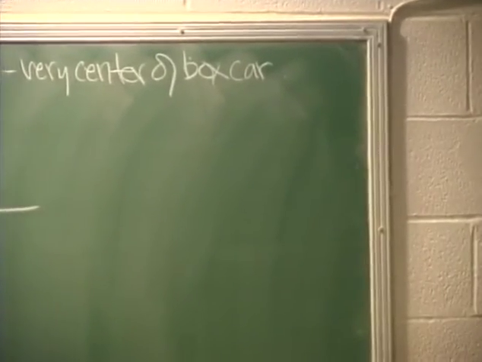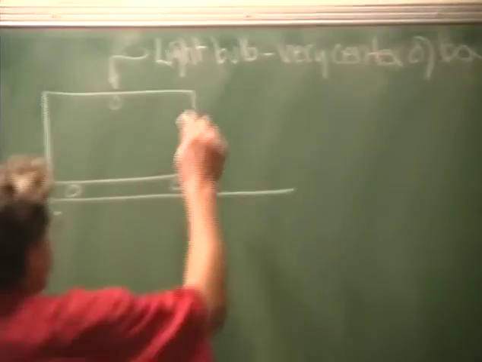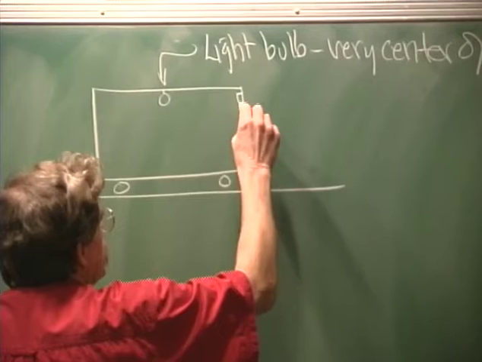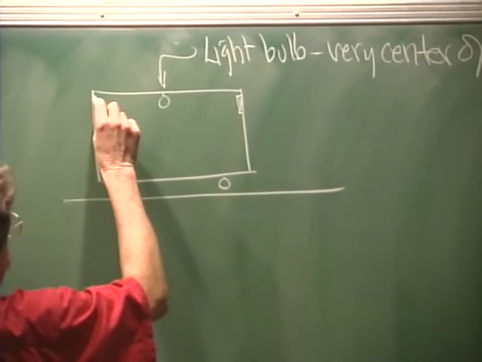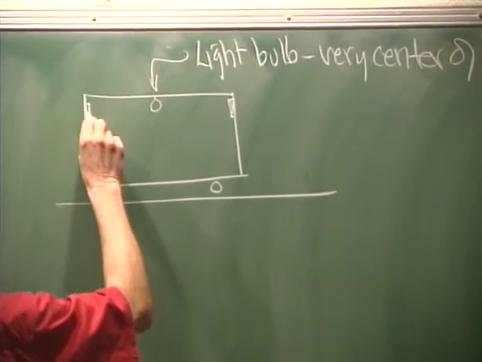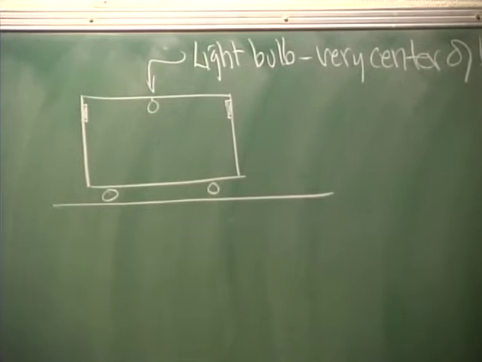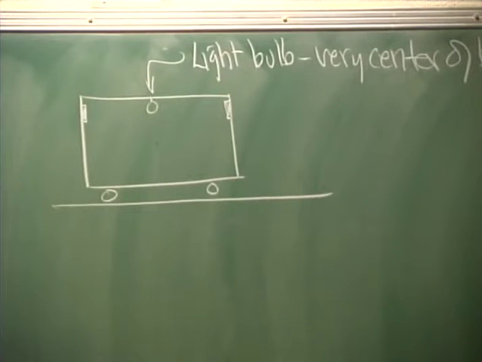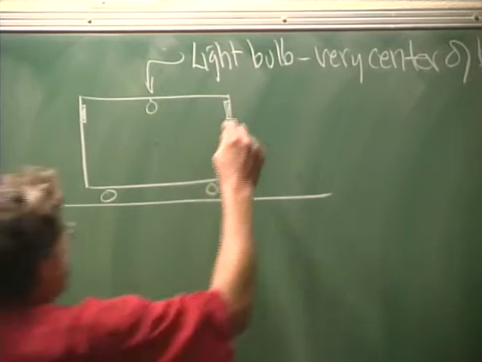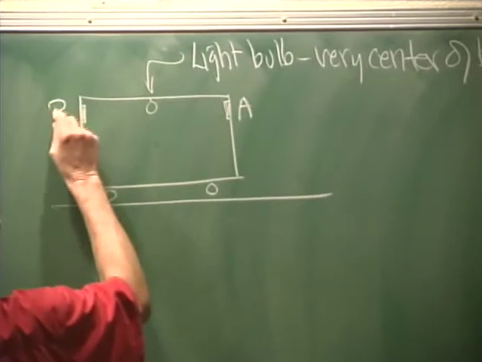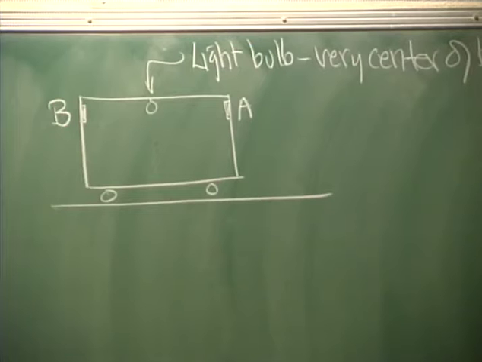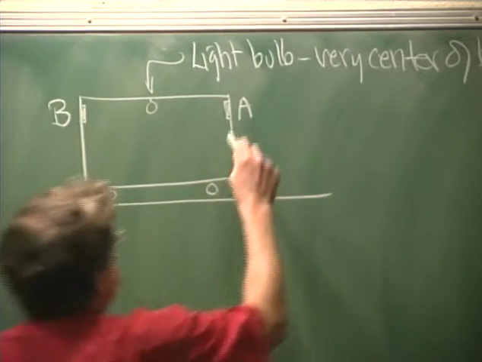And at a switch I can turn on the light. Now I have mounted also a couple of detectors, a detector on the front wall and a detector on the back wall, and those record the event when the light signal gets to them. Maybe they ring a buzzer or something like that. Let's call this one A and this one B. Those are 2 detectors then.